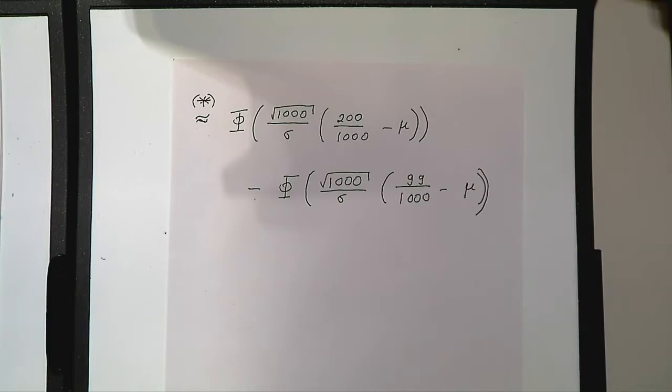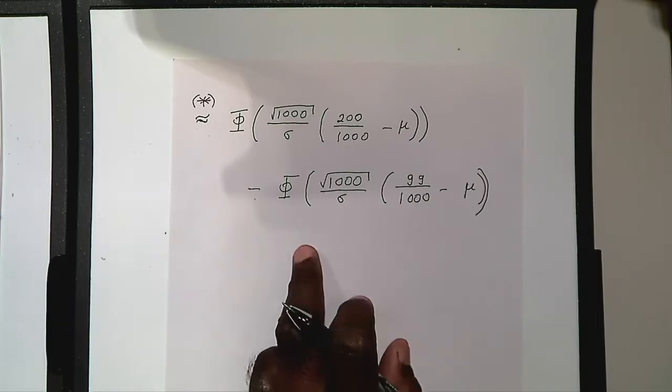Okay, guys, are you with me or not? Do you see how I got from this line to this line using star? Now, this is where you need to determine what your mu and sigma are.